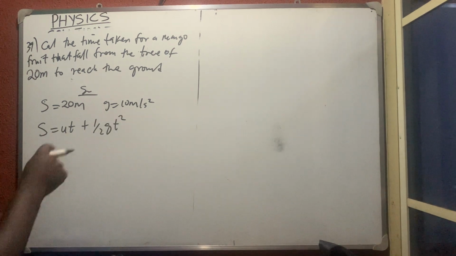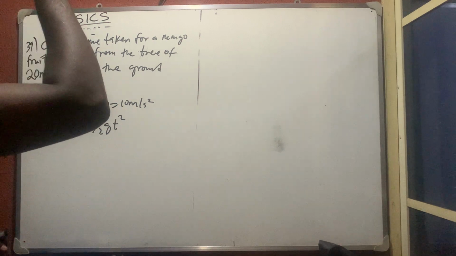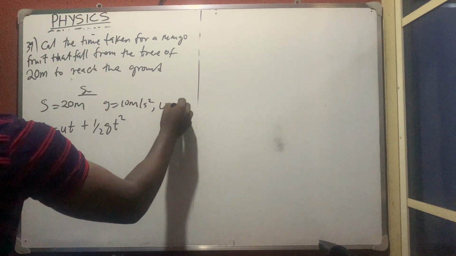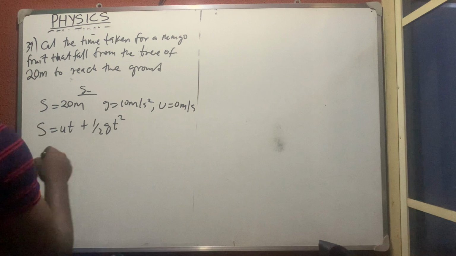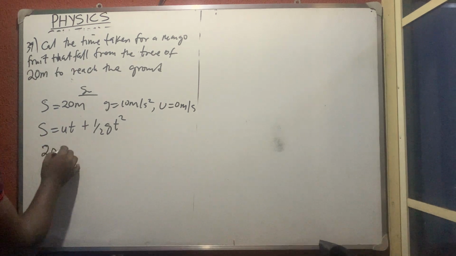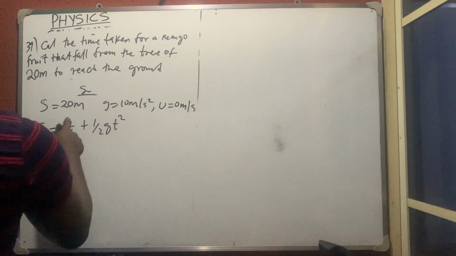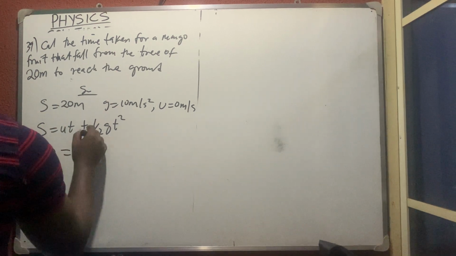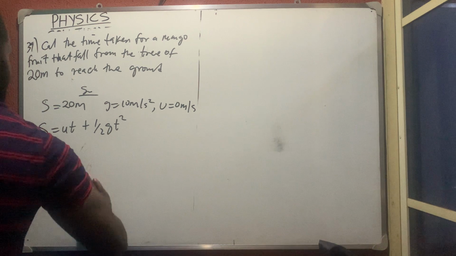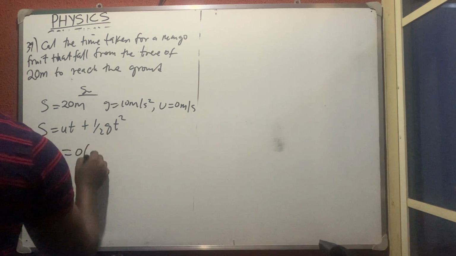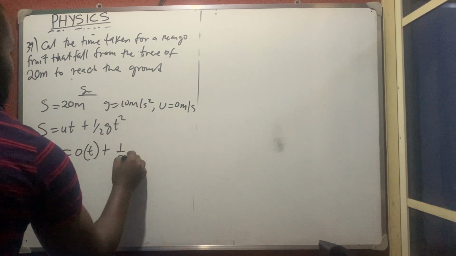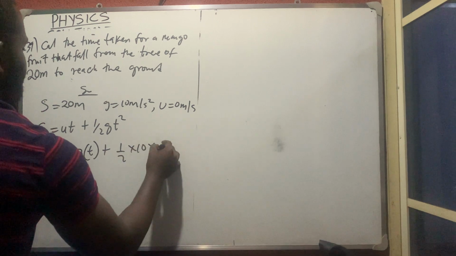Since it's falling, it was at rest, so u there is 0 meters per second. So my s, 20, is equal to 0 times t, which gives 0t. This one is gone. So I have 0 bracket t plus 1 over 2 times 10 times t squared.